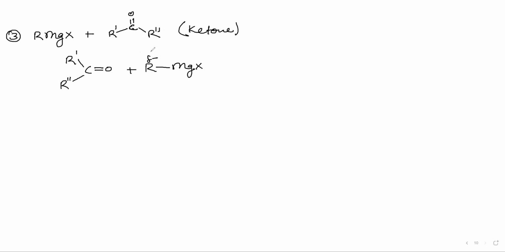So this will be delta negative. Same story. Attack to the carbonyl carbon and I will be getting R dash which is bonded to carbon. Now this has also R double dash. Now I will get another R from RMgX and this double bond O will be converted to OH.